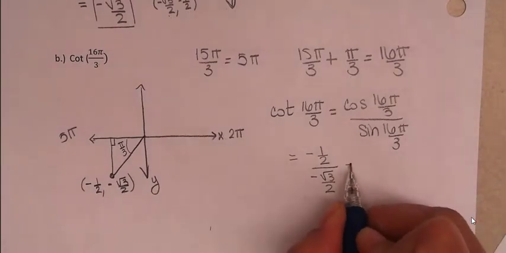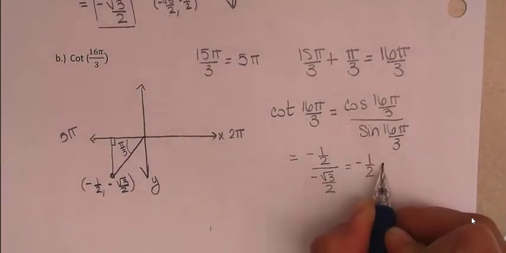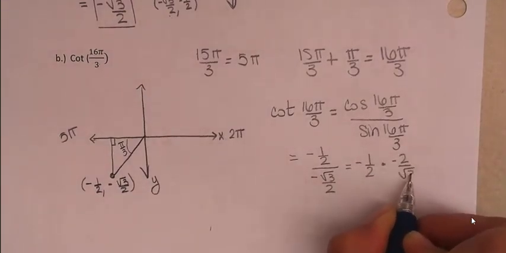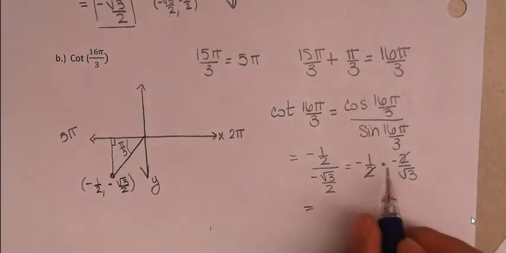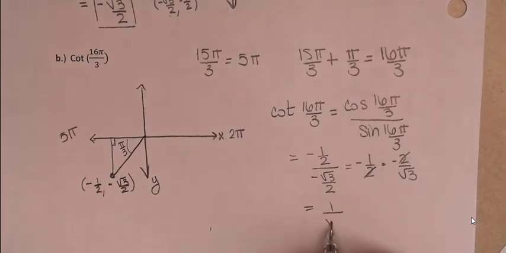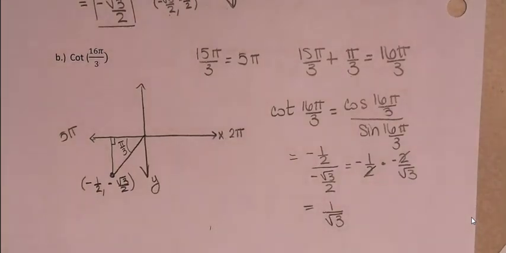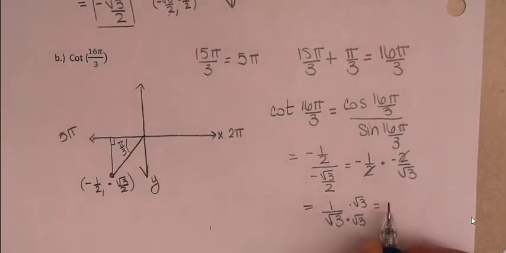Do the math on this, I really get negative 1/2 times negative 2 over root 3. Those 2's reduce. I'm left with 1 over root 3, which is not acceptable. So I would need to rationalize my denominator. So I get root 3 over 3.